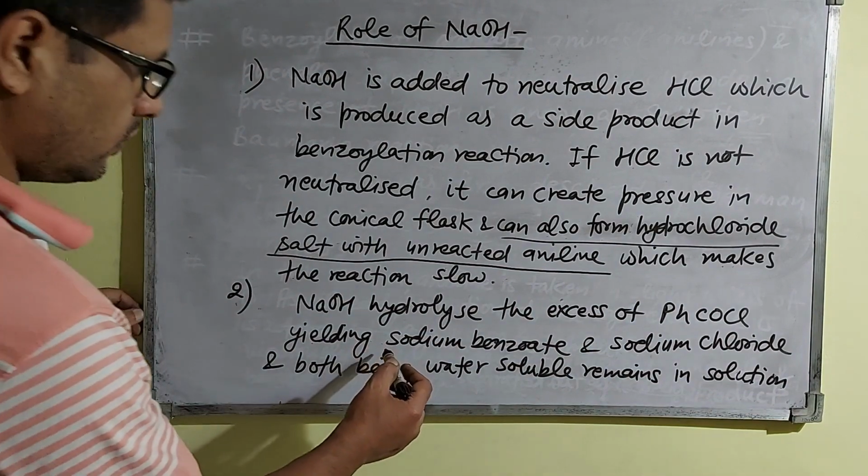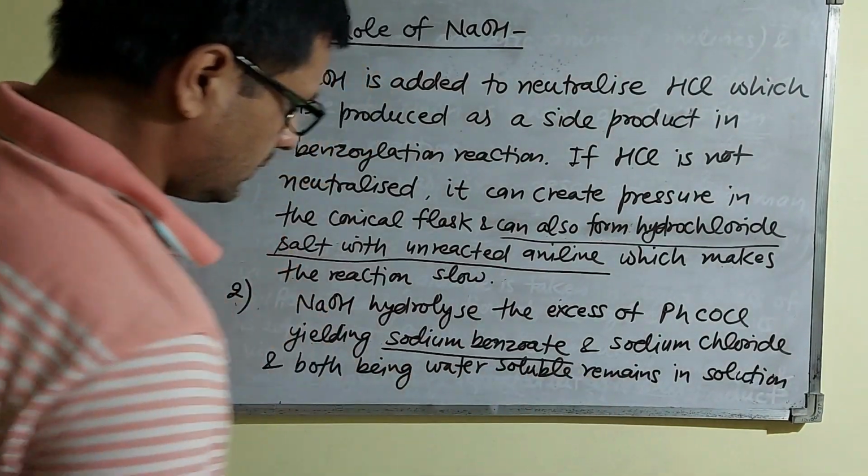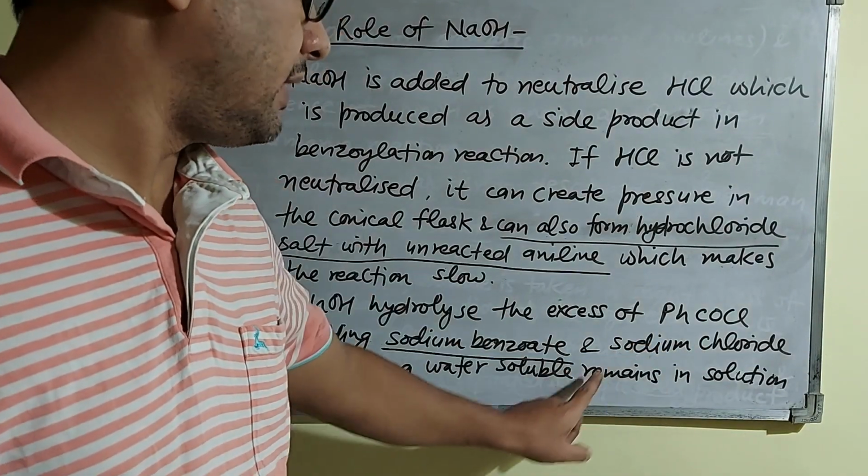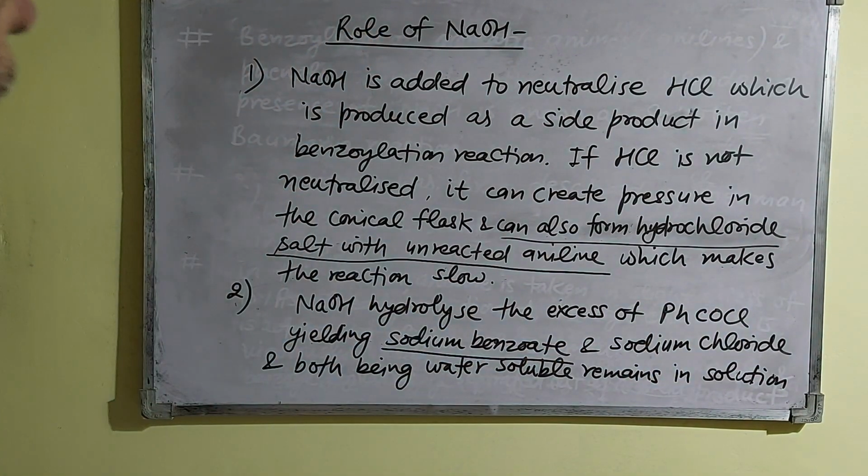And since sodium benzoate, being a salt, will be water soluble, sodium benzoate and sodium chloride both remain in solution and will not interfere in the separation of our desired product.